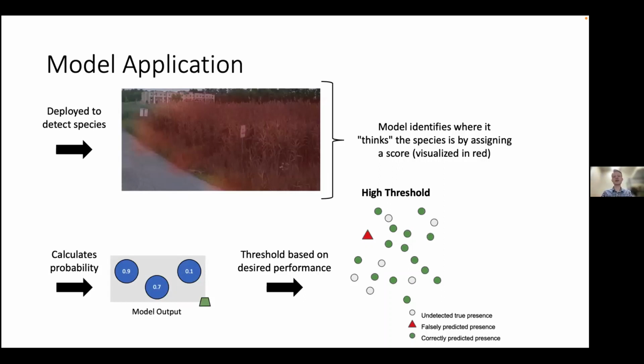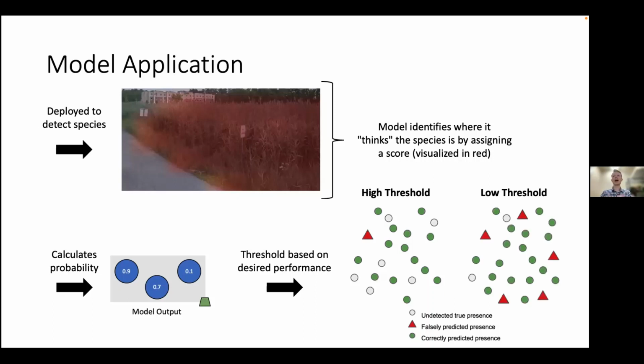You can have a bunch of thresholds, but for a couple of examples, say a high threshold versus a low threshold: all of those gray circles are undetected true presences, so they're plants that aren't being picked up. A red triangle would be a plant that is falsely predicted as being present, and the green is one that's correctly predicted.